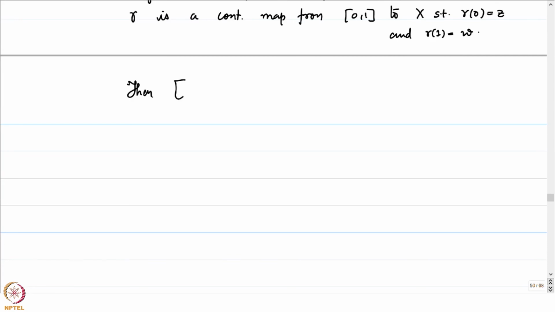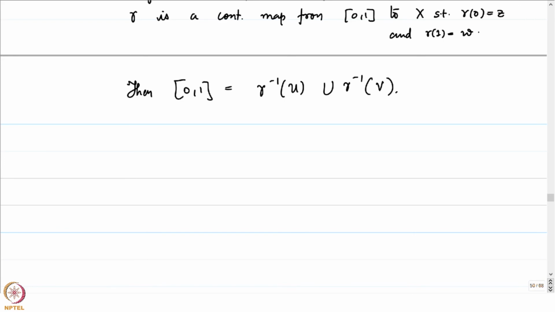Then 0, 1 is equal to gamma inverse of U union gamma inverse of V.